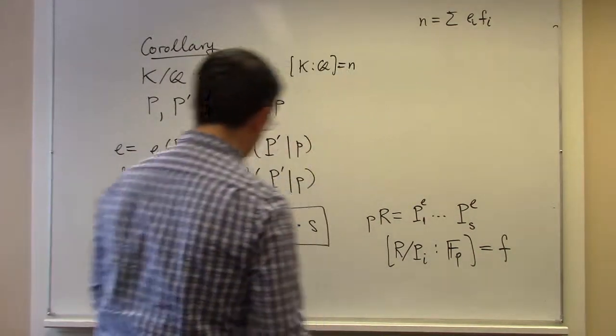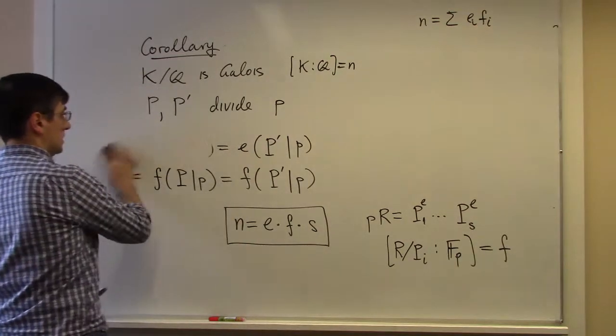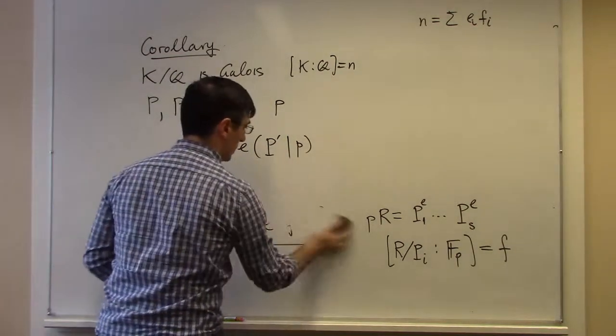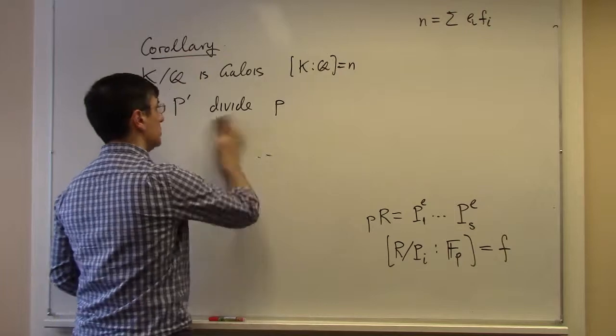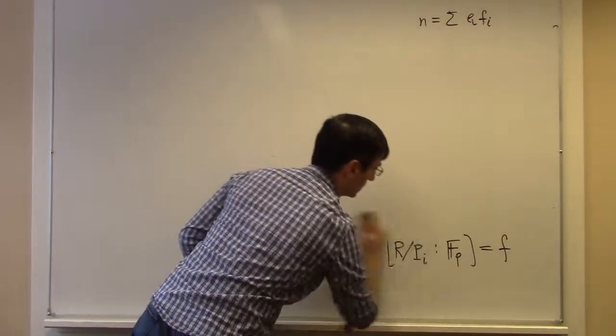So how do you prove this? Well, the proof is fairly easy once you know that sigma permutes these elements.